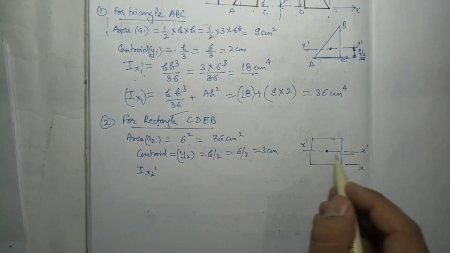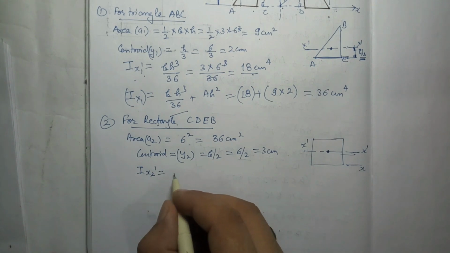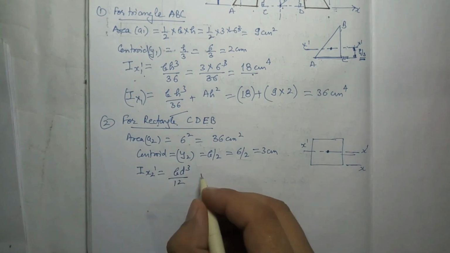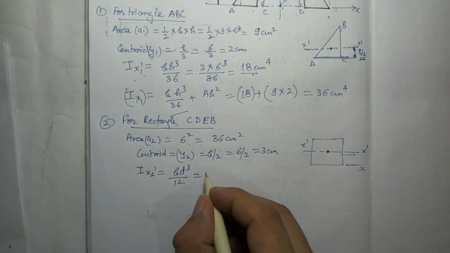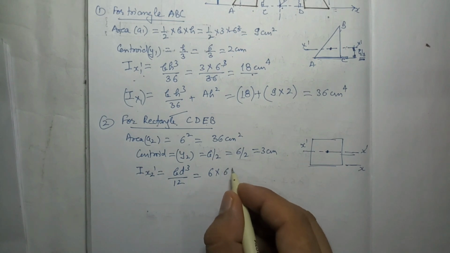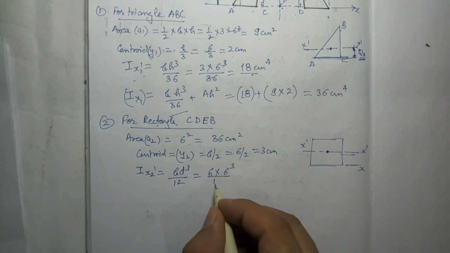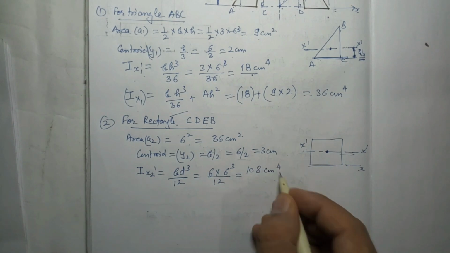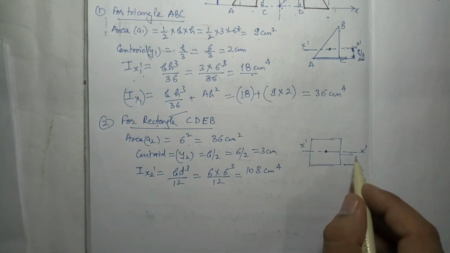But about this centroid axis, what is the moment of inertia formula? That is bd cube by 12. Direct formula is there. So b parallel to that, d, that is 6 into 6 cube divided by 12. So this is 108 centimeter power 4, that is about the axis passing through the center of gravity.